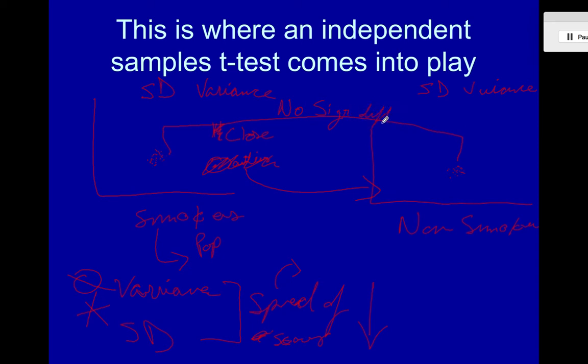Why? Because if for one group we have a lot of spread, and for another group we have very little spread, that means that within one group they're acting very differently, and in the other group they're acting very similar to each other. So for the group that has a lot of spread in their scores, the average, their score on the exam, is probably not going to be representative of their group's performance.